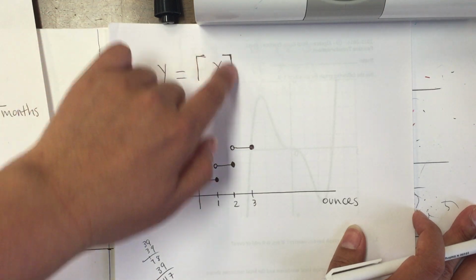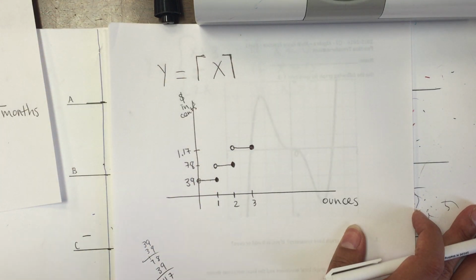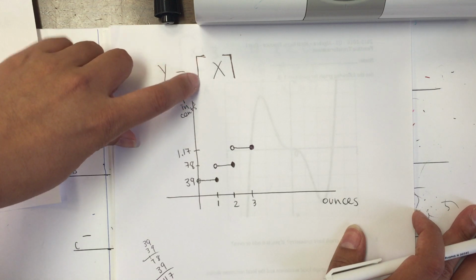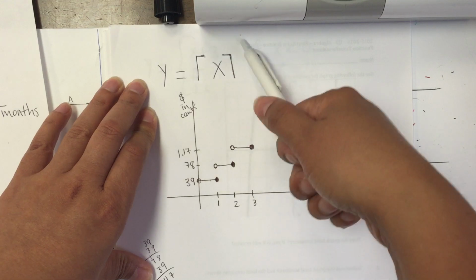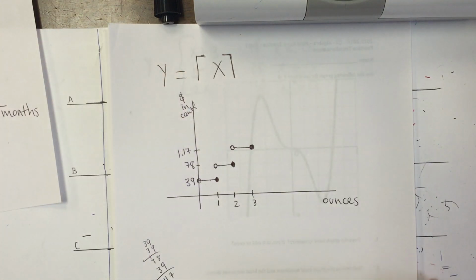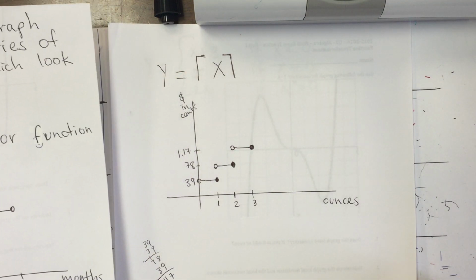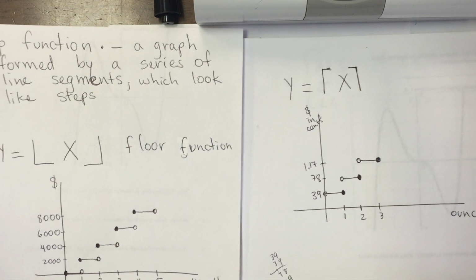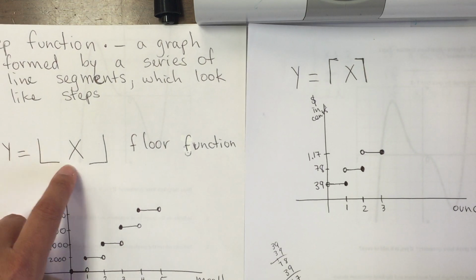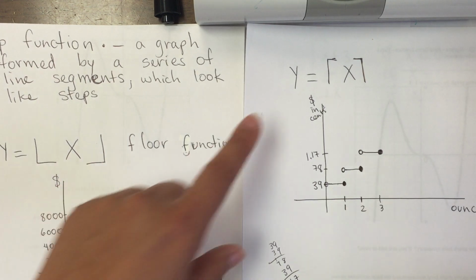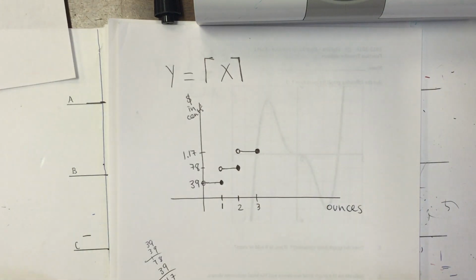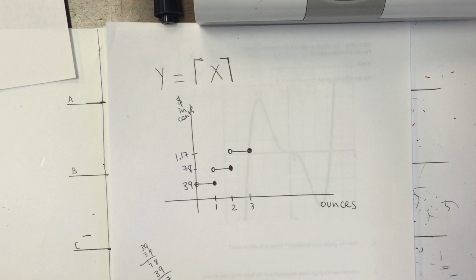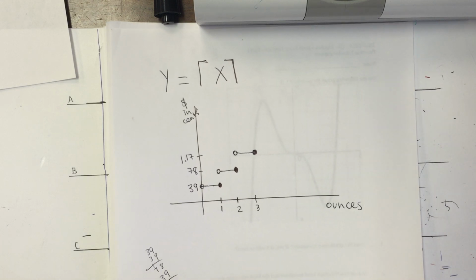And so look at the structure of the equation. You don't have an L but an upside down L, and the backwards L is also upside down. Okay, so I want you to check out the difference between the two. This one is like this for the floor function, and then these ones, I don't think they're called roof functions, but okay. So that's the idea of step functions and what they refer to.